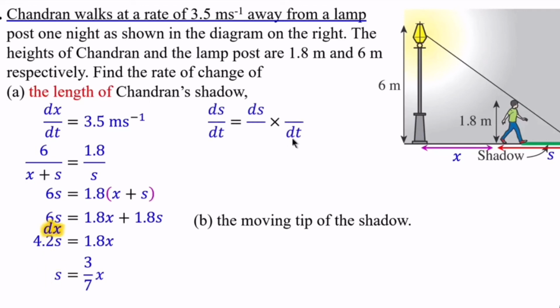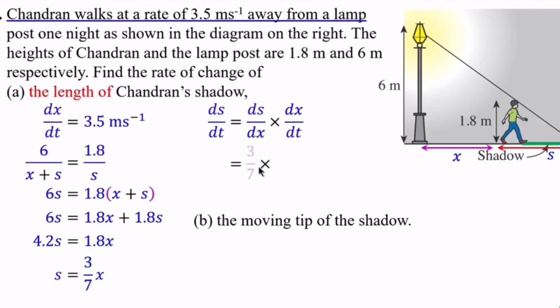So ds/dt is given by ds/dx times dx/dt. We are asked to find ds/dt. In this case, we differentiate, and ds/dx is 3 over 7.